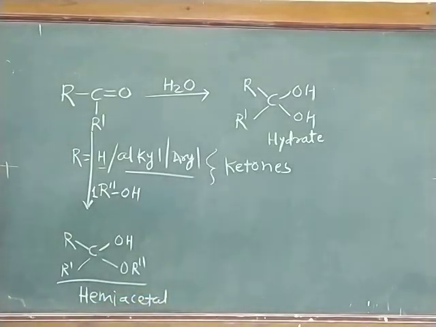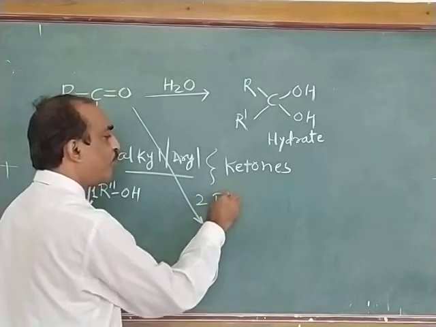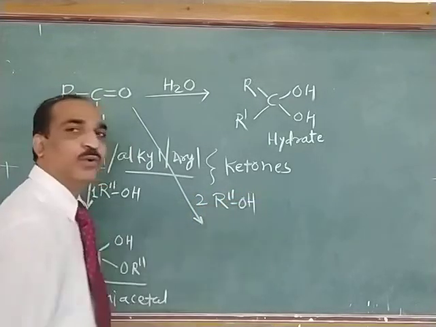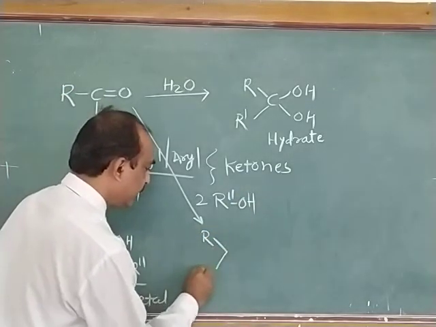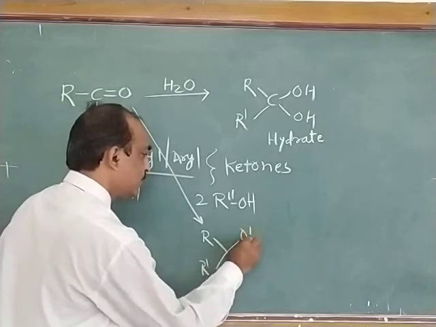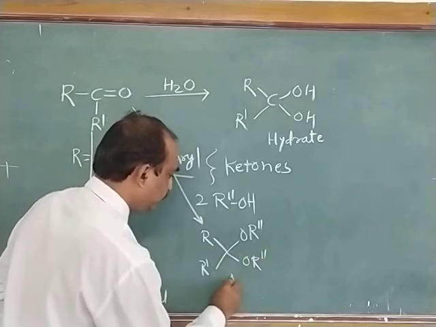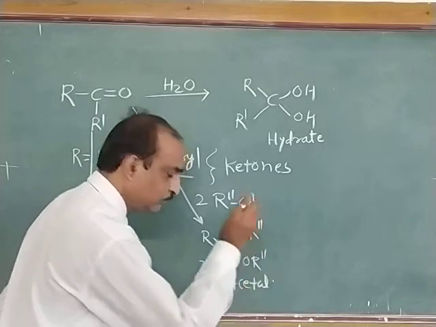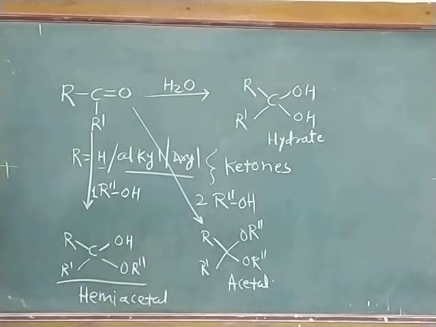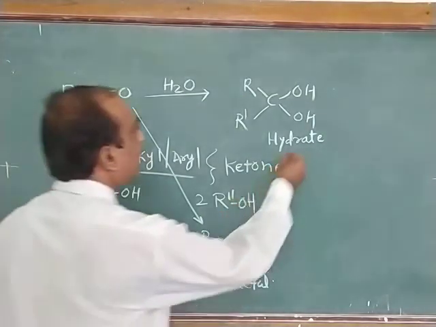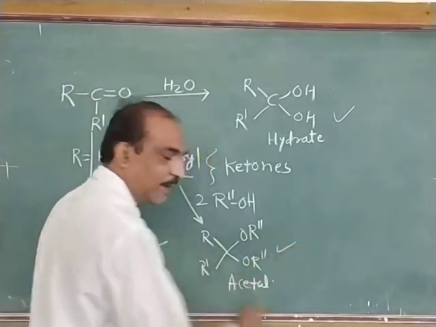If you react this with 2 moles of alcohol, then whatever you get is an acetal. Now we will move on. This is hydrate, this is hemiacetal, and this is an acetal.